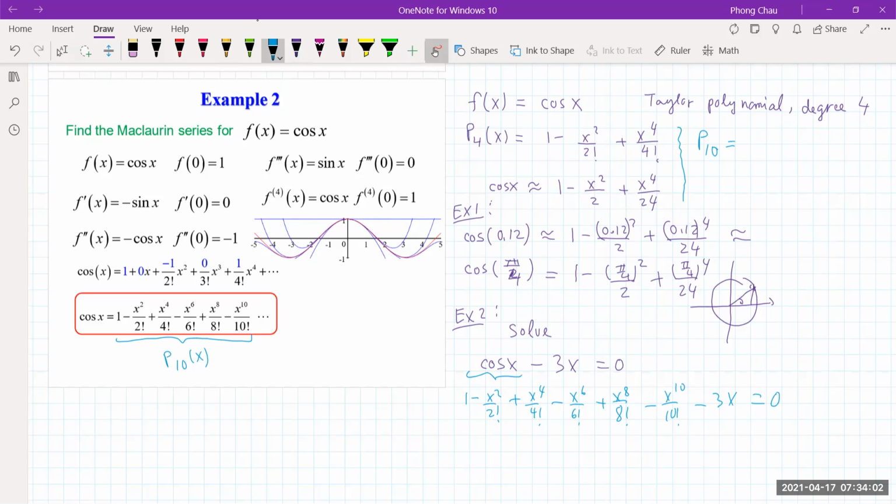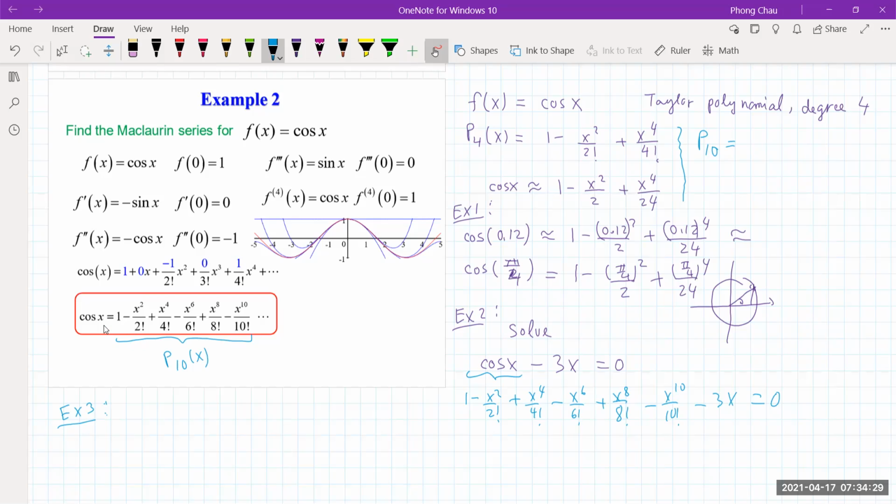Another application. Think about derivative and calculus, we'll do this later since we don't have enough theory to talk about.